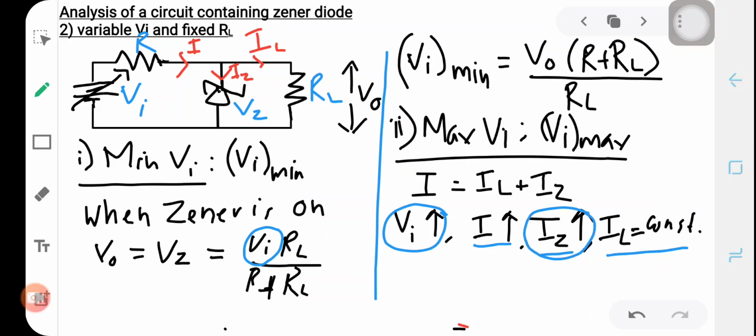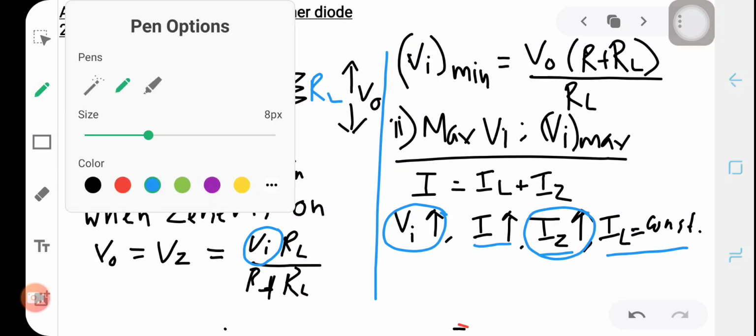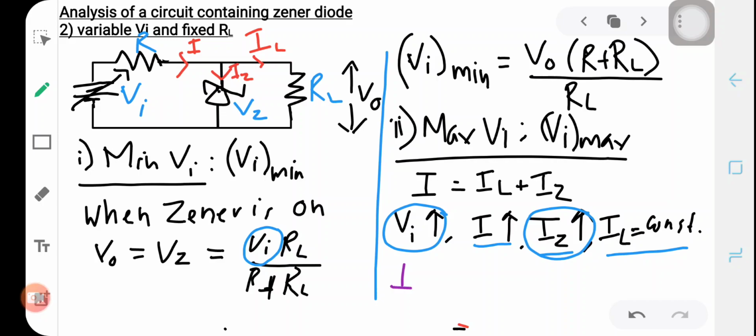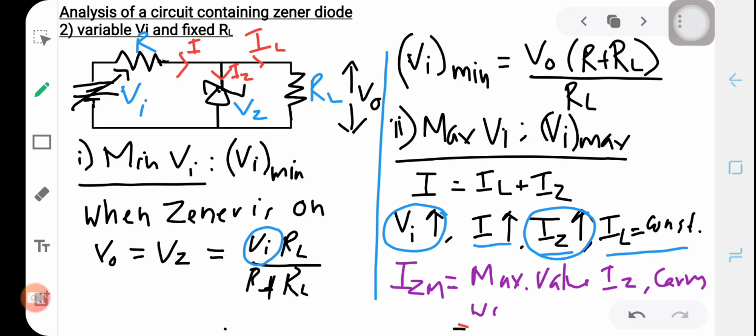For every zener diode there is a maximum value of current the zener can carry, denoted by IZM. The manufacturers specify this value IZM, the maximum value of the zener current that a zener can carry without burning it.